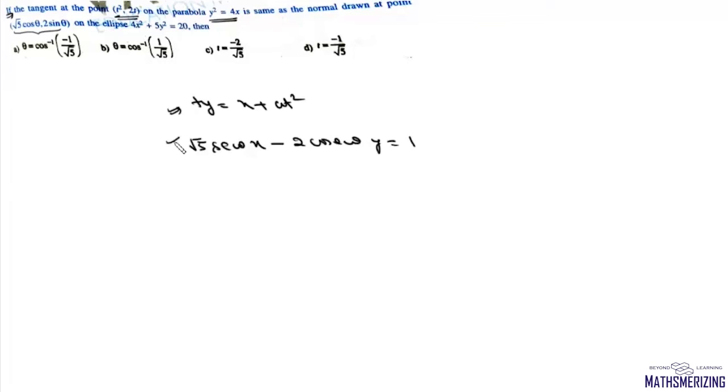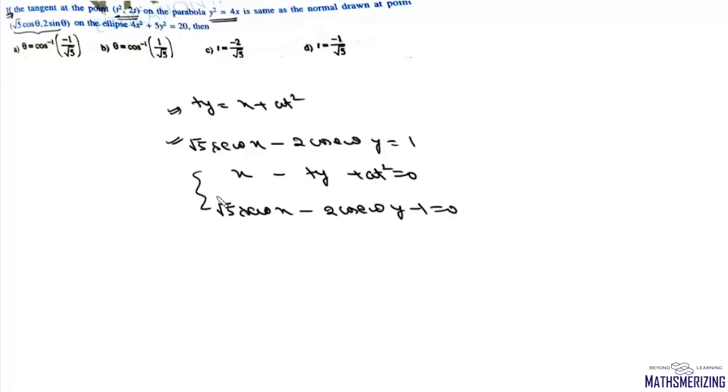Now these two equations, they represent the same line. So we can rewrite this first equation as x minus ty plus at square equals 0. And the same way we can write the second line as root 5 secant theta x minus 2 cosec theta y minus 1 equals 0.